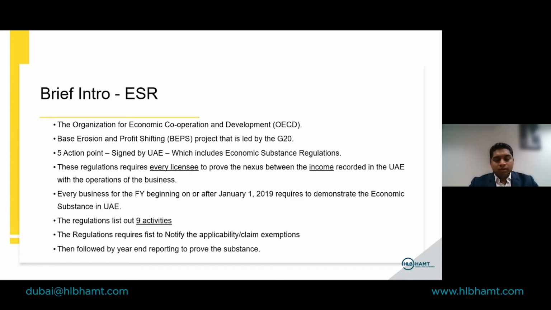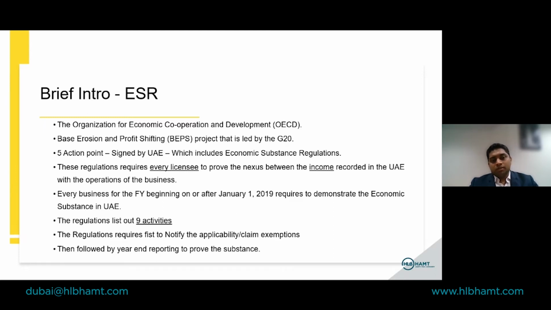Essentially, the US company is able to shift the profit to the UAE, which leads to tax evasion in the US, and a loss to the country which has the substance of the operation.